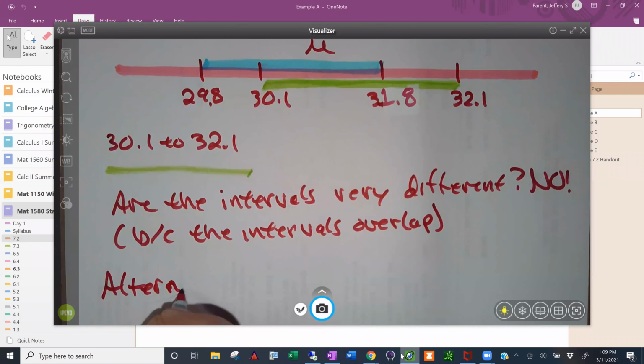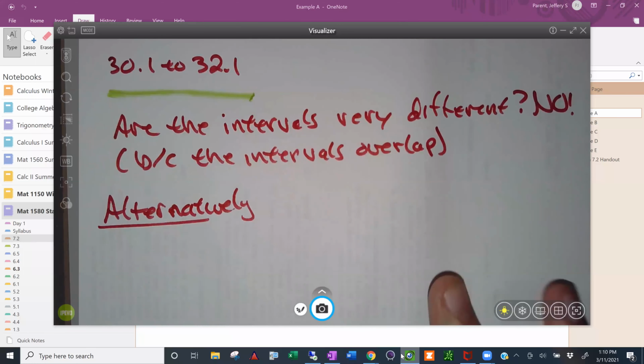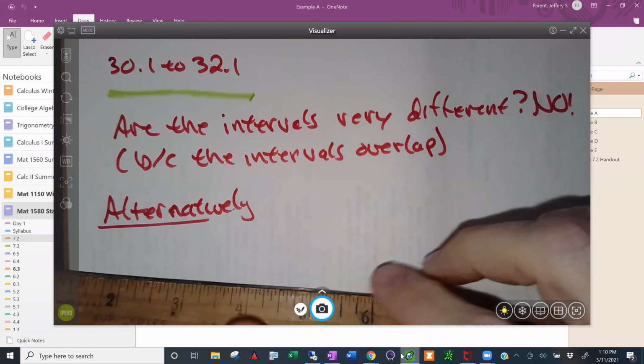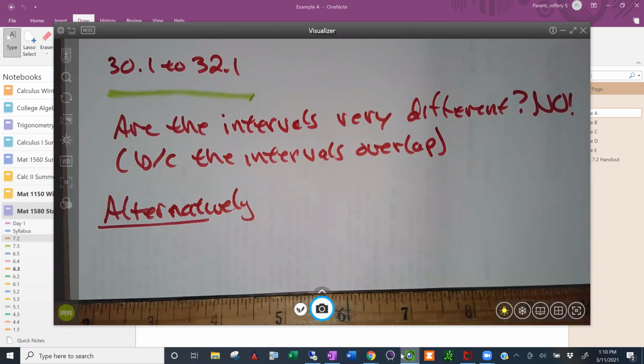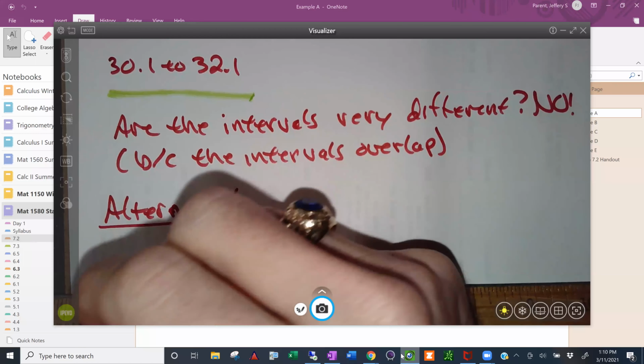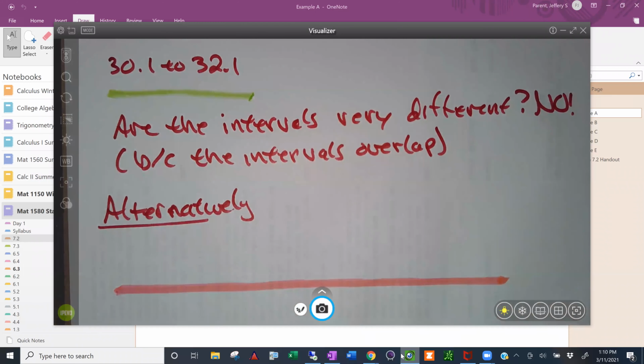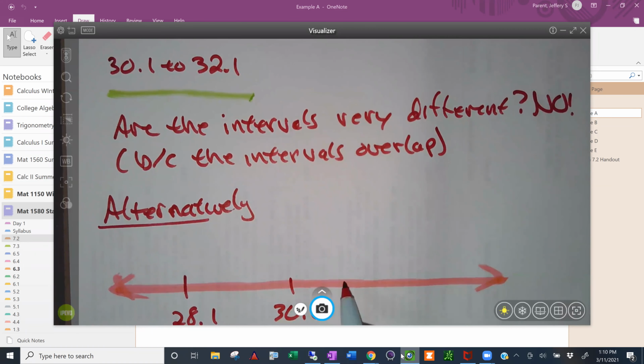alternatively, what if I had something that looked like, give me a second here. Here, I had, say, 28.1 to 30.1 and 30.3 to 32.1.